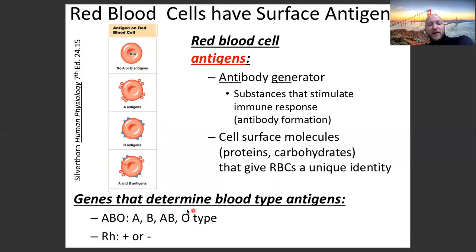You have the O antigen, and then you add an A unit on top of that antigen to get A. You have the O antigen, and then you add a B unit on top of it to get the B antigen. So O isn't a lack of antigen, it's just the base antigen. So A and B have the O antigen with a little extra on top. And then there's the RH, the plus or minus. RH, sometimes called D, is the plus or minus.